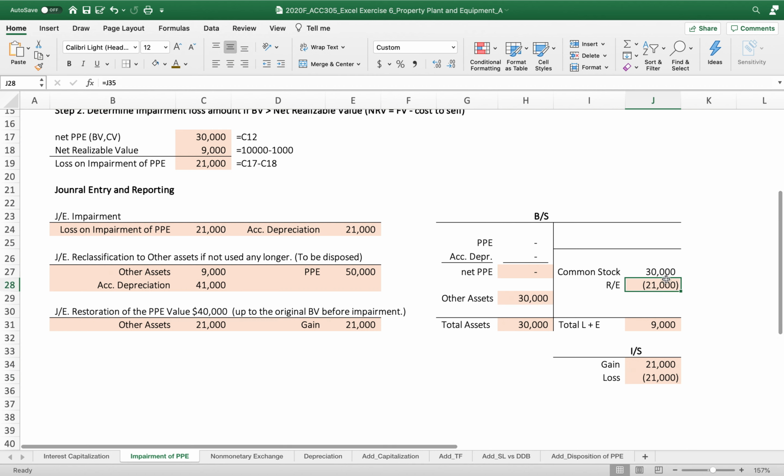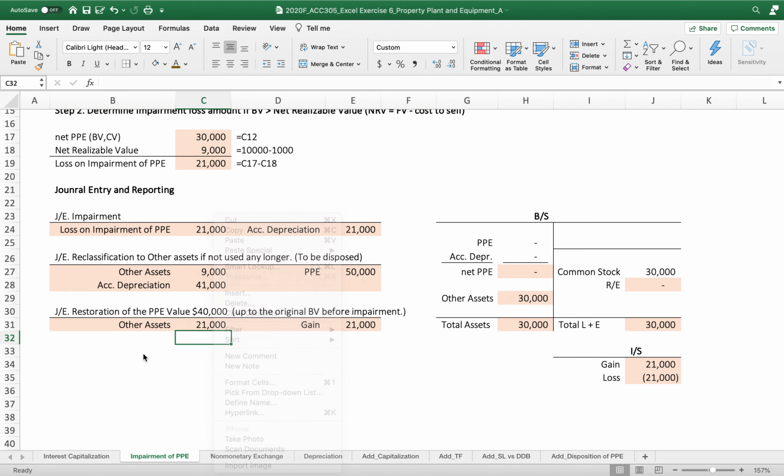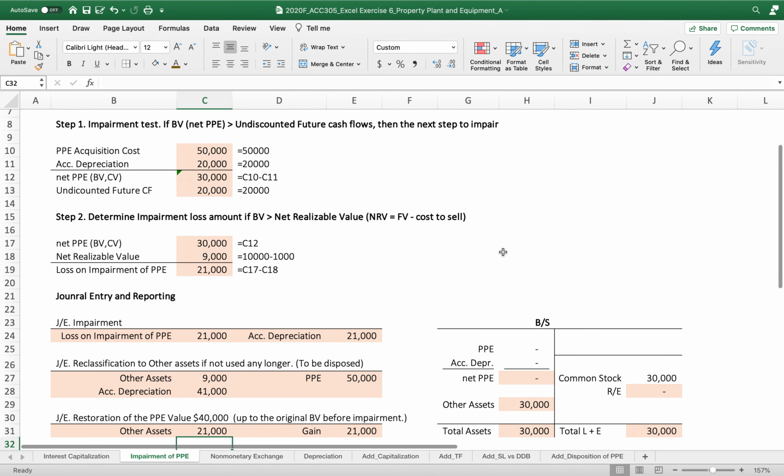That effect goes into the retained earnings as a positive value of 21,000. So we increase the total asset by 21,000, and total liability and equity 21,000, and matched out. Okay, that is the case of restoration of the PP&E value $40,000 to be disposed.